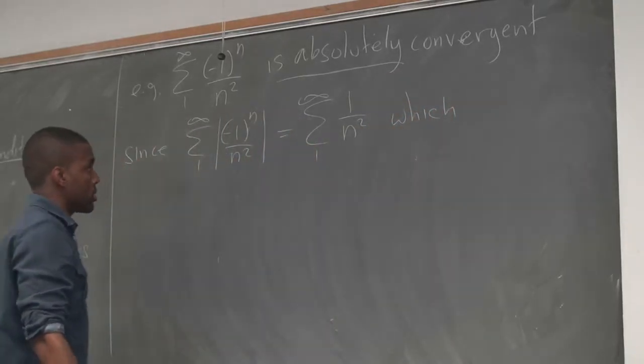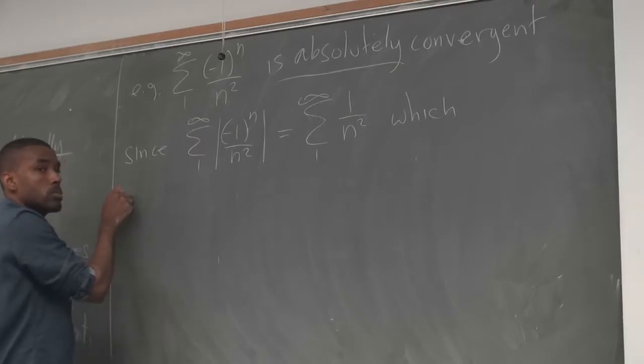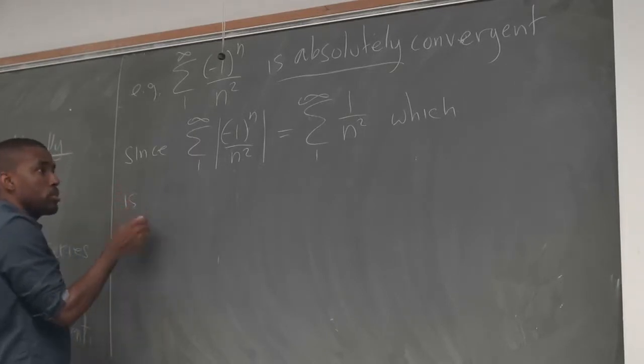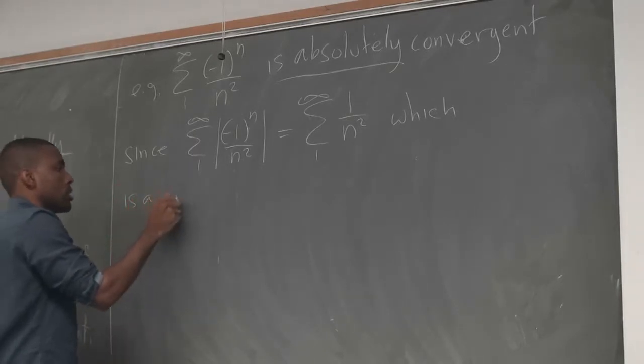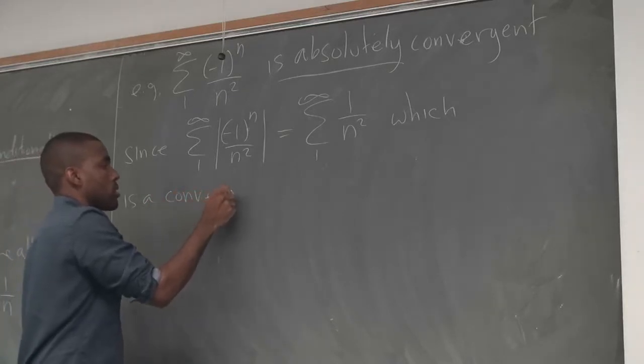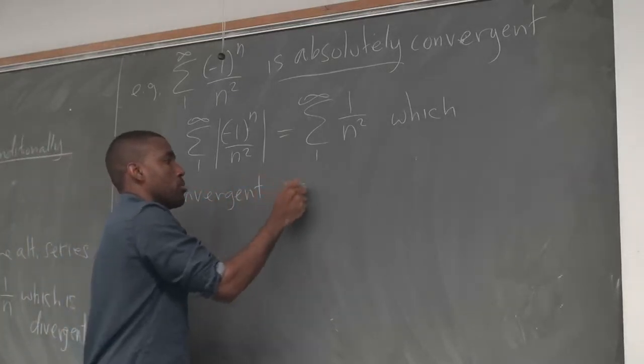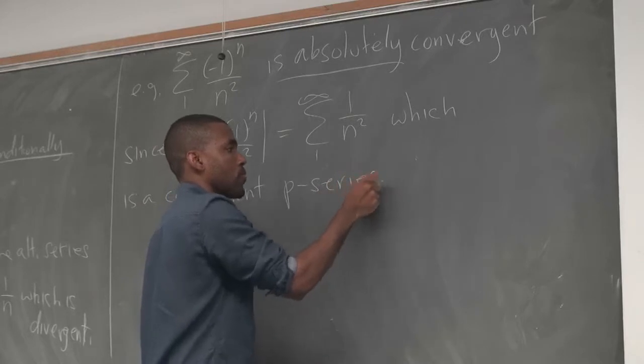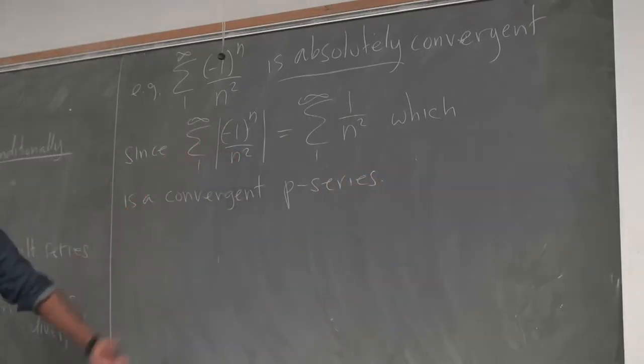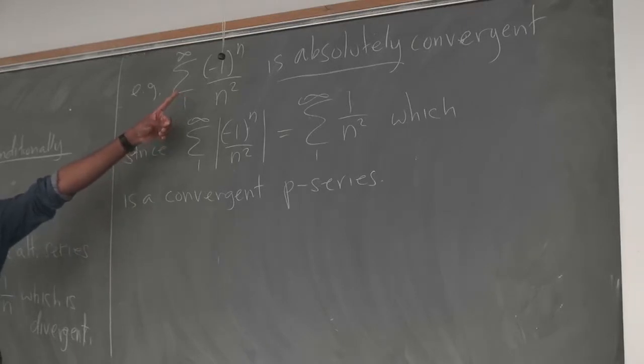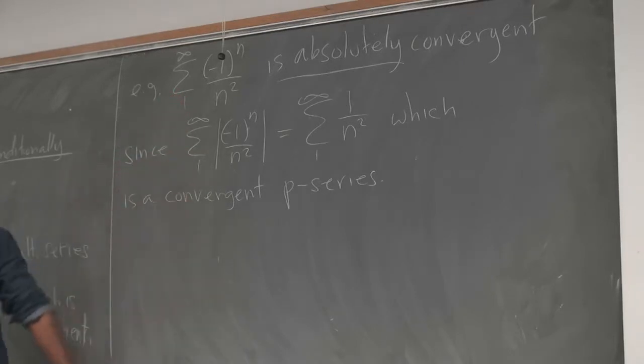How do I know that converges? P series of p equals 2, which is a convergent P series. Right? So even if I throw in absolute values, this guy still works. Right? Clearly it works with the alternating series test as well. So it converges even with absolute values, we call it absolutely convergent. If it converges but it doesn't converge with absolute values, we call it conditionally convergent.